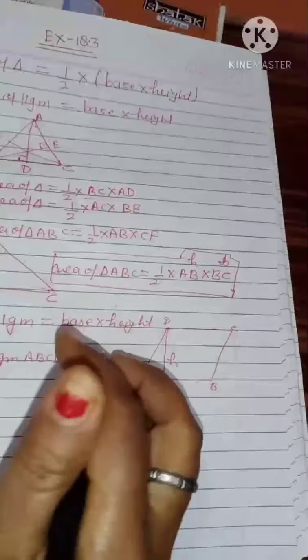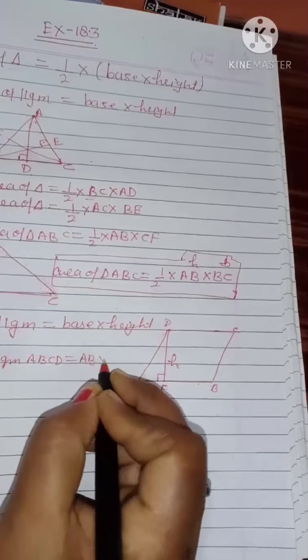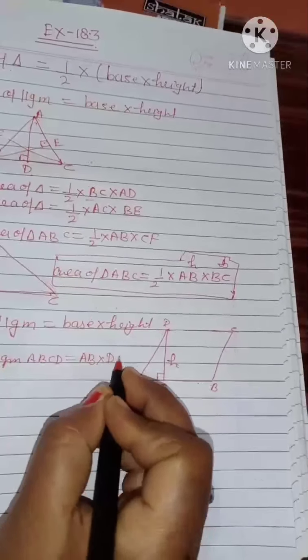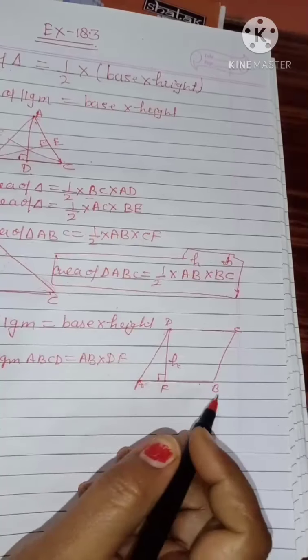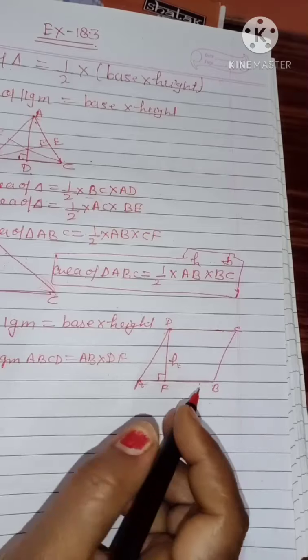It is AB. So it will be AB multiplied by height DF. Whatever measurements are given, you can do according to that.